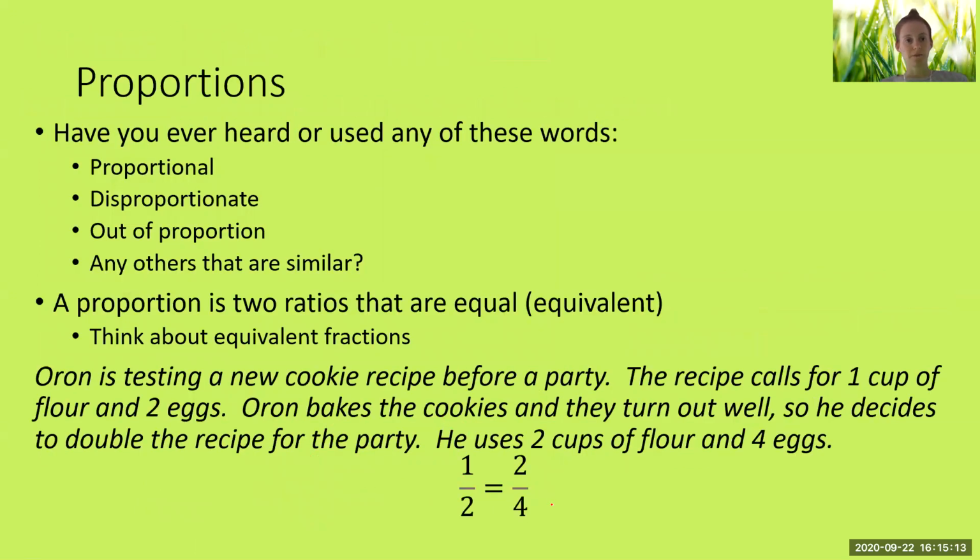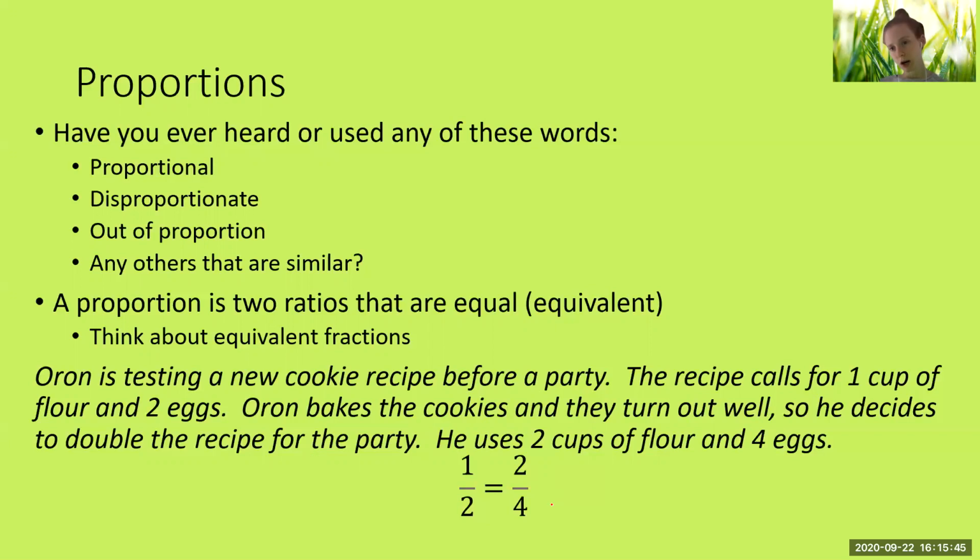All right, so our next big topic here is proportions. Proportions take what we know already about ratios and build on top of that. So I want you to take a minute to think about that word proportion and think about if you've ever heard or used any words that sound kind of similar to it. So maybe words like proportional or disproportionate or out of proportion, or any others you can think of that are similar.